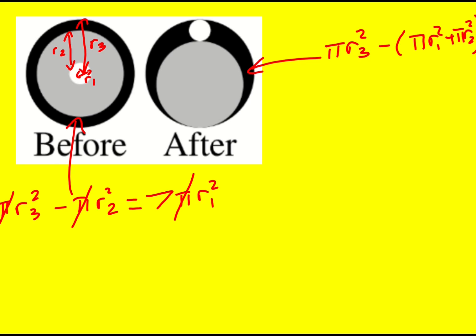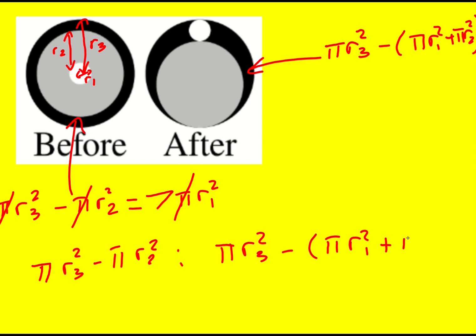So remember, we're interested in the original black area ratio, which is going to be, I should bring the pi's back in actually, pi r3 squared minus pi r2 squared to pi r3 squared minus pi r1 squared plus pi r2 squared. That is what we're interested in.